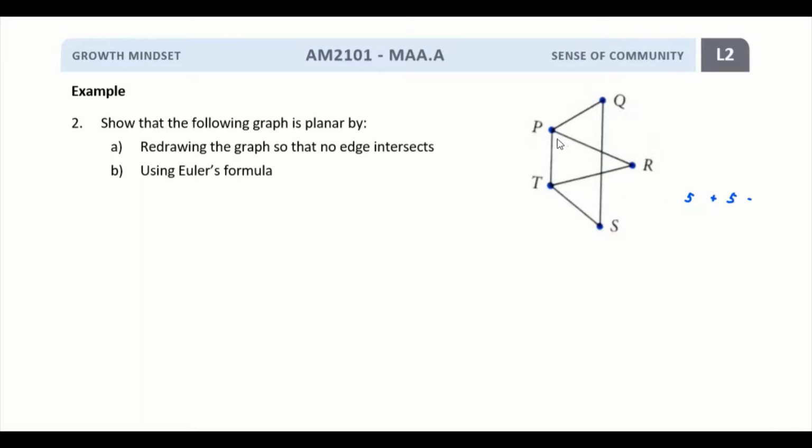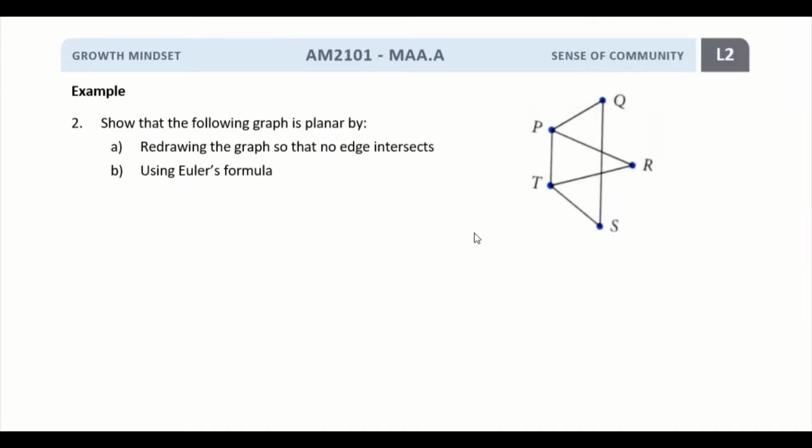Then minus your E: 1, 2, 3, 4, 5, 6. So 6. You can see 10 minus 6, you get 4. This is also called a planar graph because you can redraw it and it becomes like no edges intersecting each other, right? But before you redraw it, you cannot use Euler's rule. Euler's rule only applies to a graph that appears as a planar graph. It's not before your redrawing, it's after your redrawing.